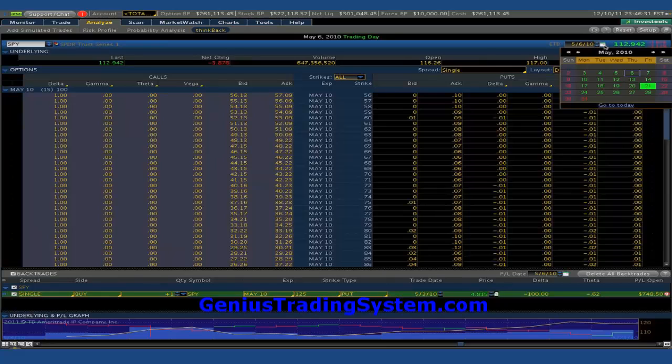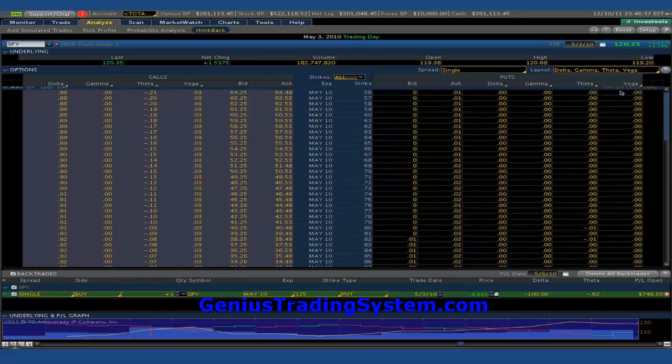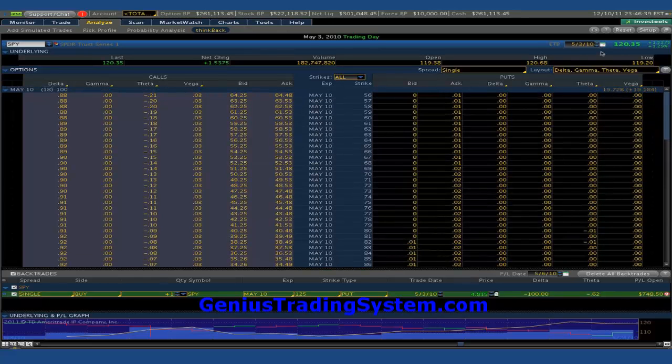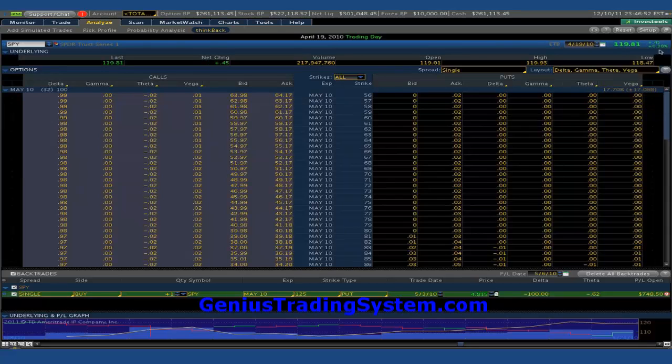Let's go back to the date that we traded, which was May 3rd, and you can see that the volatility at that time was just 19%. If we go back even further, prior to that one big down week, to April 19th, you can see the volatility was only 17%.